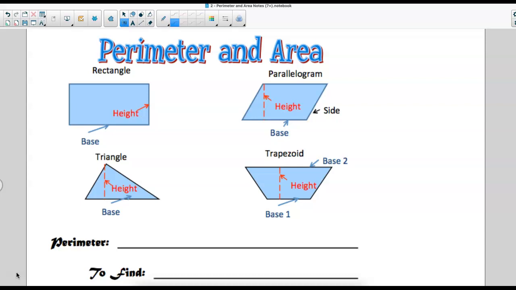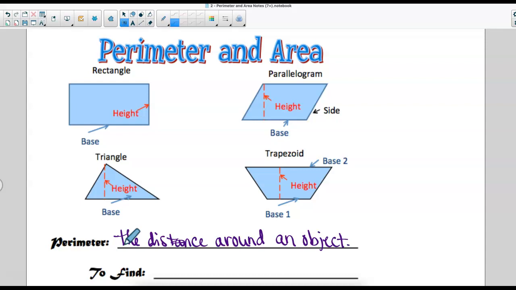So perimeter is the distance around an object. Okay, the distance around an object. So we're going around the outside, okay? To find perimeter, what do we do? Go ahead, Sydney.